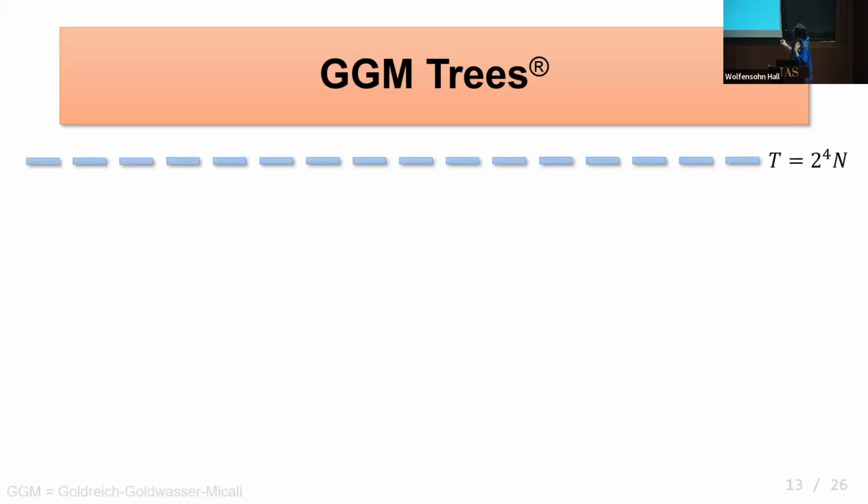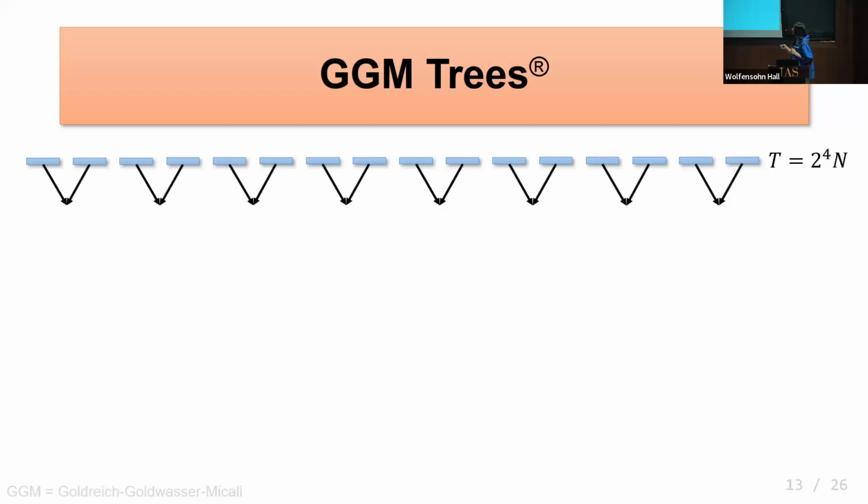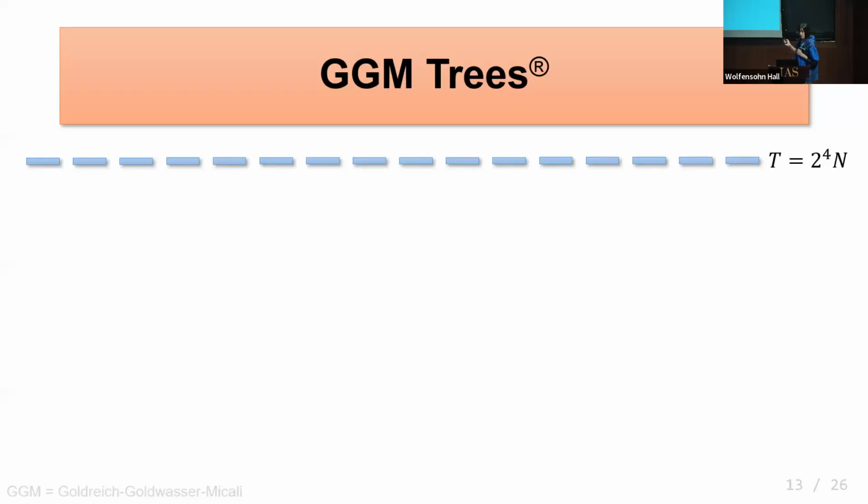So let's say we have a super long string. We cut it into capital N small parts. This is 2 to the 4, because what I draw here is exactly 16.